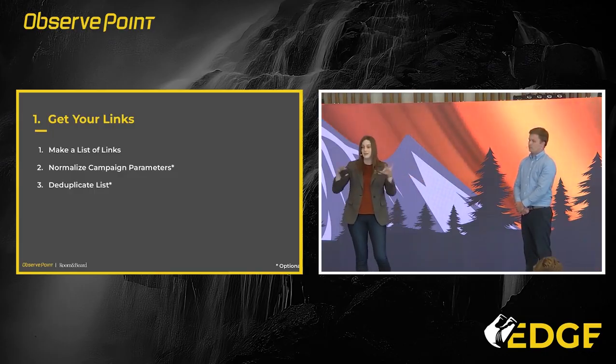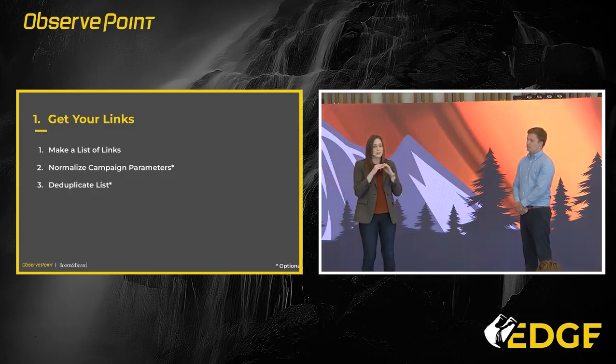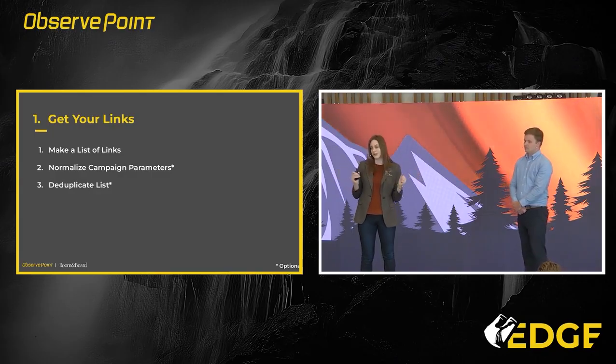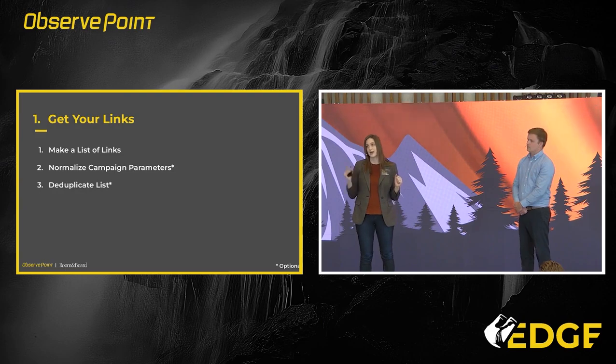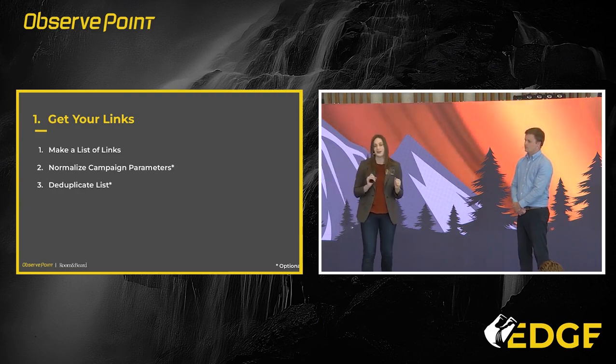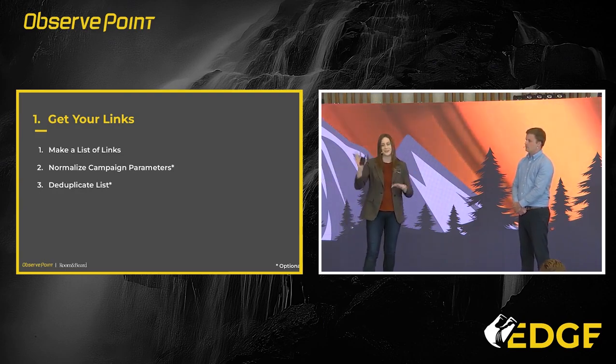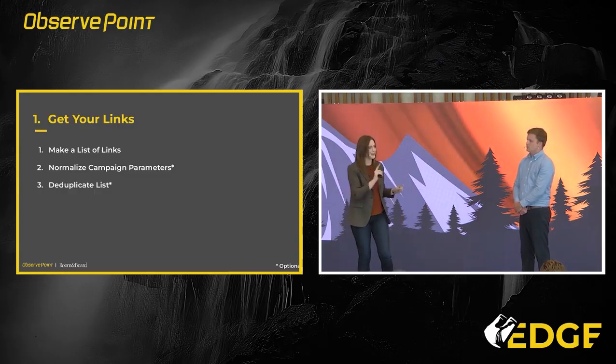Once we normalize all of those parameters so we're able to test the breadth of all of our possible campaign variations, we deduplicate the list. When we deduplicate our list, we're only using a small subset of our links. We have a compression rate of 4. Hold me accountable on how I'm saying that number.